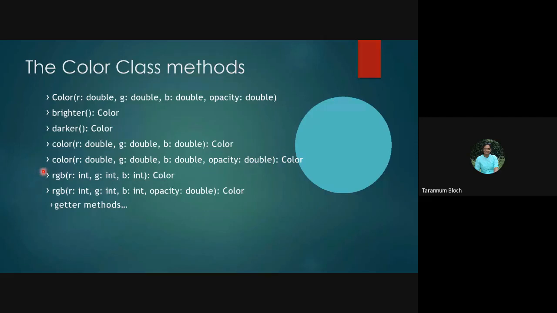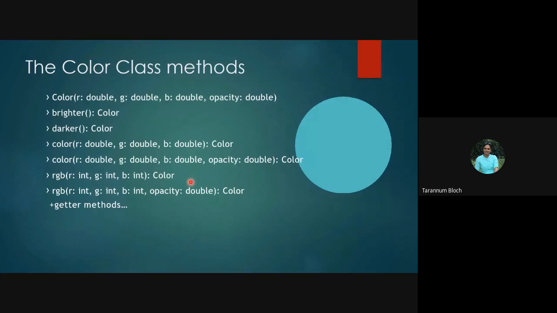So this is again a color method. Now we have one more method which is known as RGB with integers, which will give us the value of red, green and blue as well, in integer, the color value. Fine. Along with that, we have another variation of RGB, which takes the integer amount of red, green and blue color and also specifies the opacity, right?